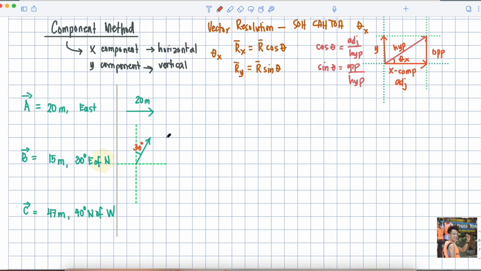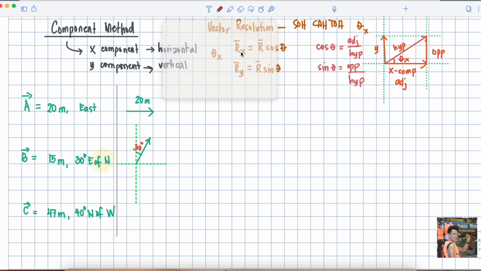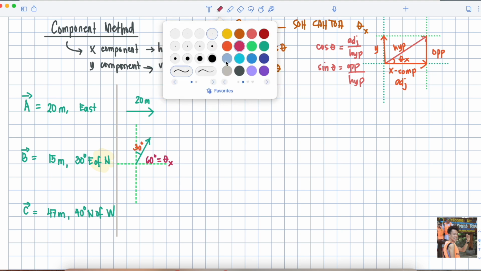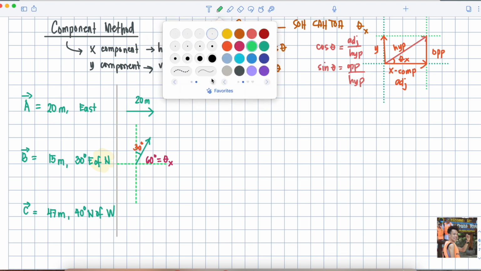Now, we said that in order for us to make use of this formula, we should measure our angle from the x-axis or from the east direction. With that, this is 90 degrees. So 90 minus 30 is equivalent to 60 degrees. And 60 degrees is our theta x. Next, let's move on to vector C. Now, in vector C, the given is 47 meters.